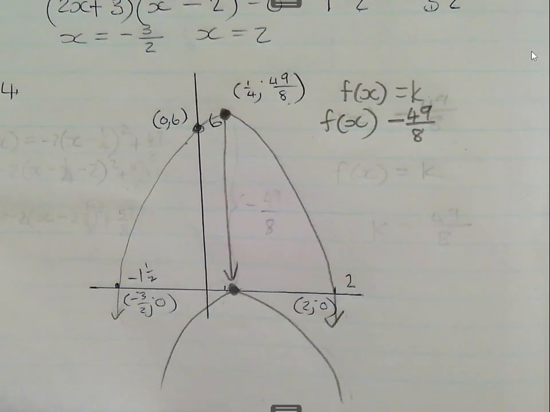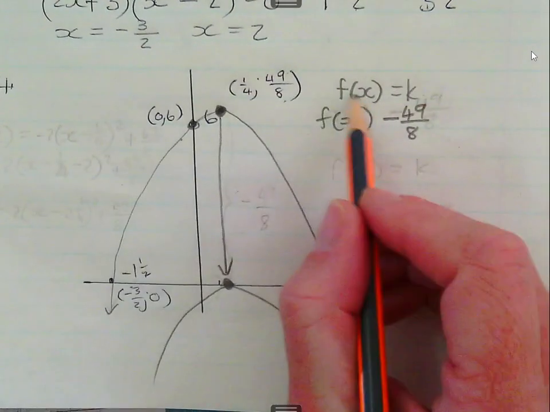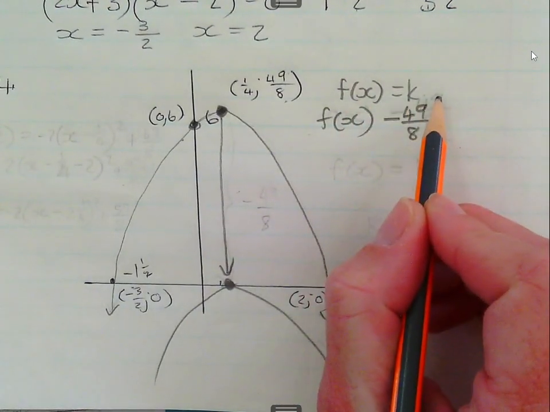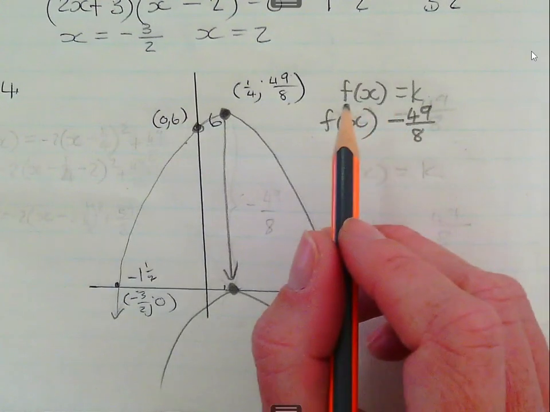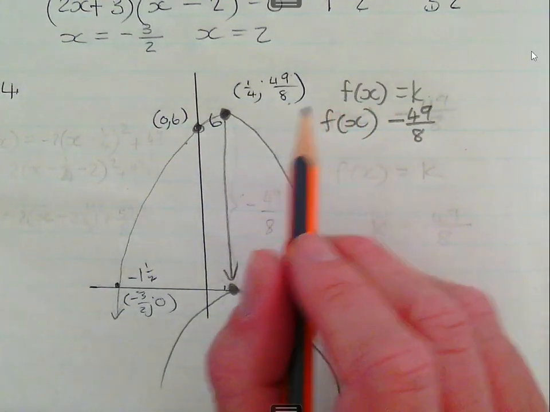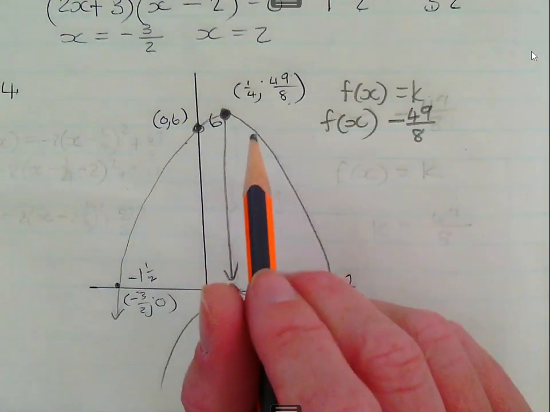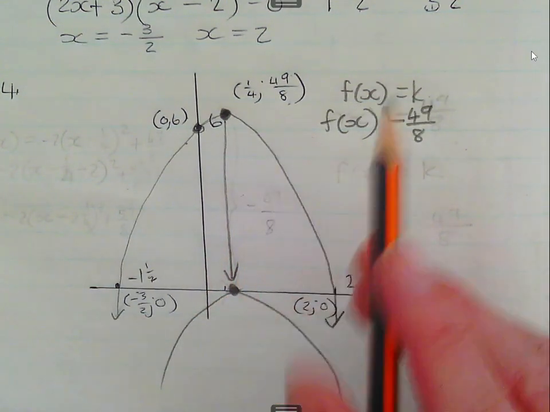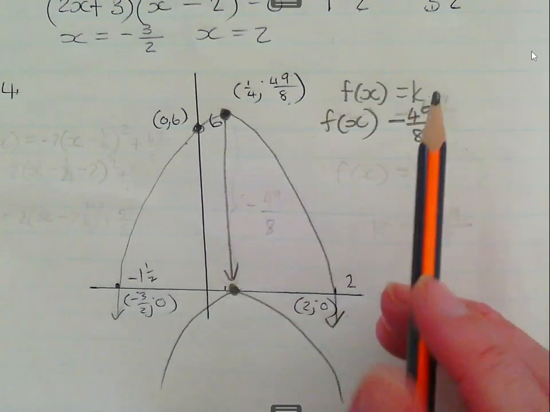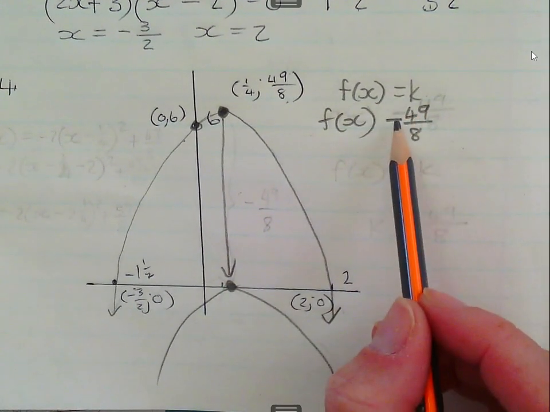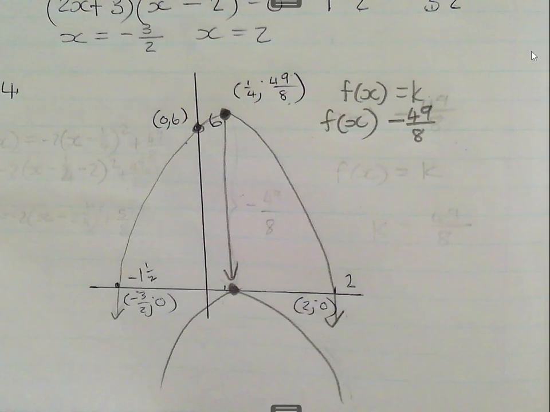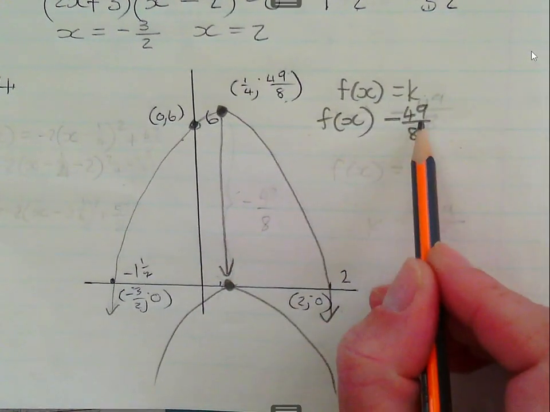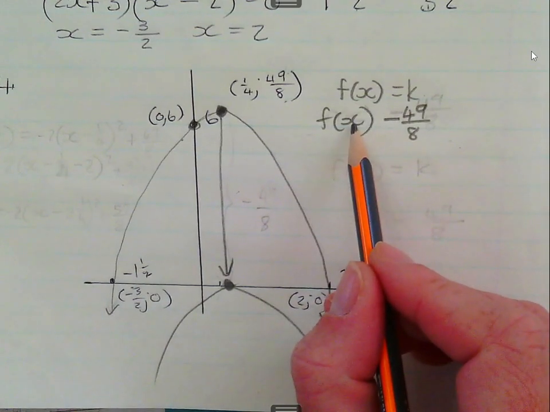Now you just have to be careful because sometimes they're going to give it to you as f of x equal to k. Sometimes they can say the values of k when it's f of x minus k, or they can say f of x plus k. You're going to have to look at the situation. The reason I'm saying this: I want 49 over 8 to be subtracted. But this minus 49 over 8 is now on the side of f of x.